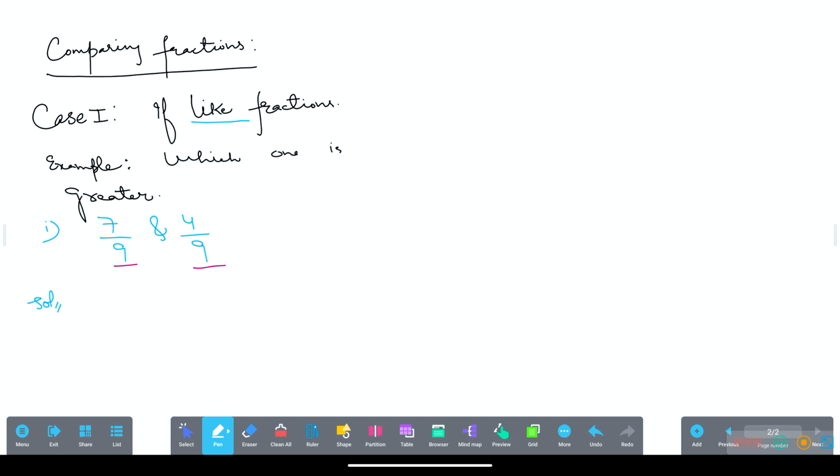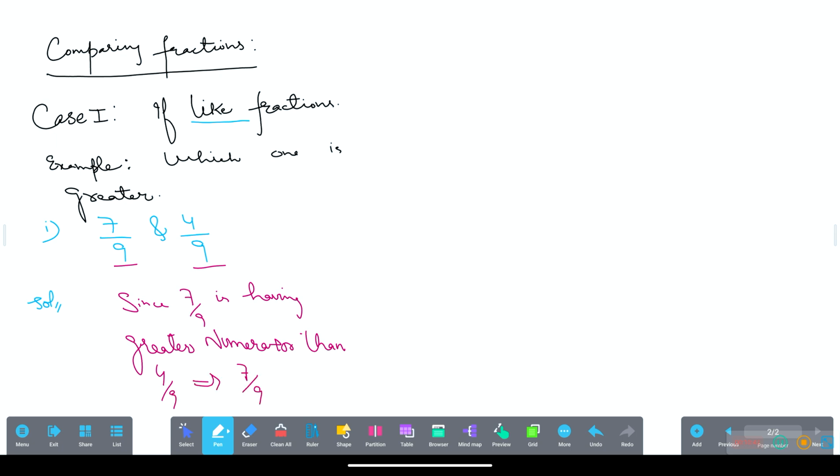Now what about the numerators? I am writing 7 by 9 is having a greater numerator than 4 by 9, which implies 7 by 9 will be greater than 4 by 9. Simple, very simple. A fraction whose numerator is greater is considered to be greater, provided they are like.